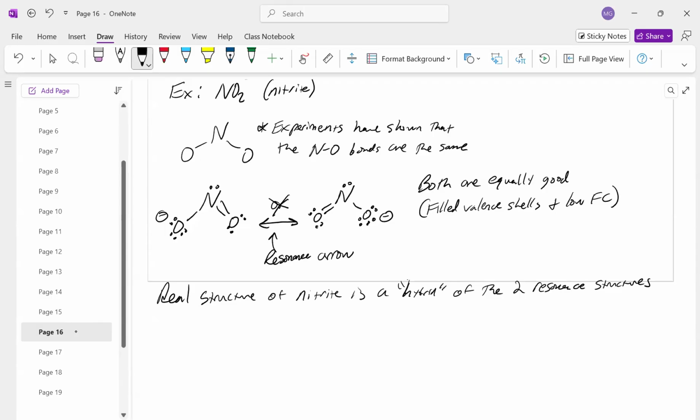Because if you look at those two resonance structures up there, one has a double bond, one has a single bond. But the experiments have shown that the nitrogen oxygen bonds are both the same.